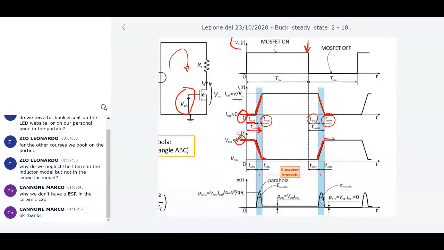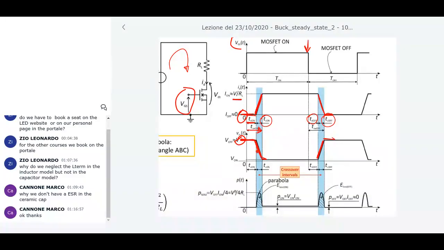This crossover time can be very small or very large, depending on the MOSFET and on the circuit. Simultaneously having a voltage and a current, you have power which is dissipated.